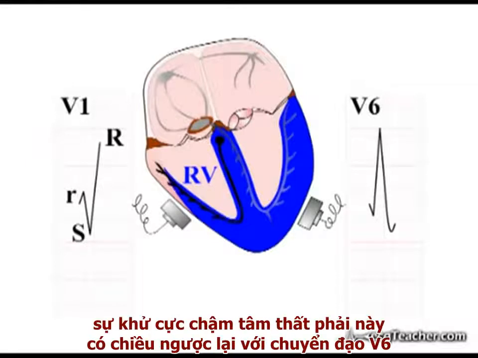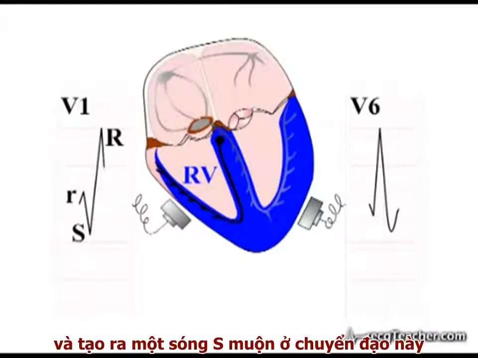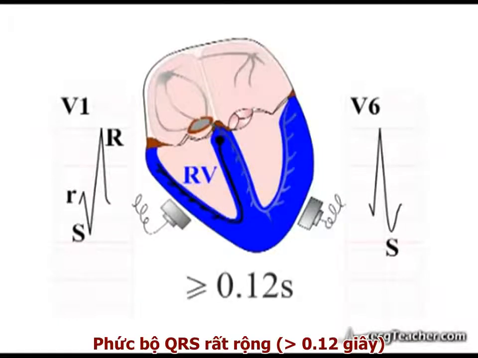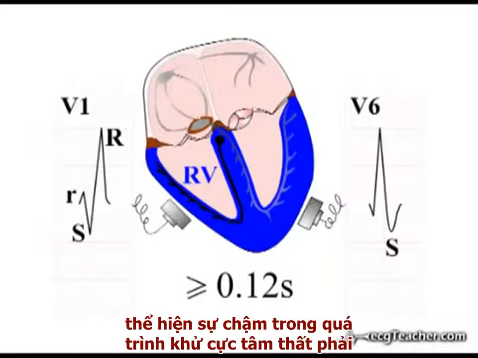Note also that this delayed right ventricular depolarization moving away from lead V6 produces a late slurred S wave in this lead. The QRS complex is broad, reflecting the delay in right ventricular depolarization.